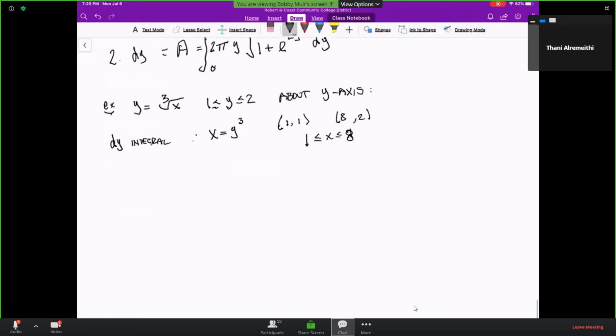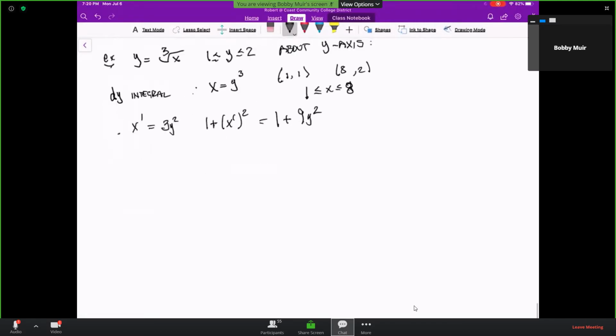Okay. All right, so our x prime is going to be 3y squared. And so I'm going to have 1 plus x prime squared, 1 plus 9y squared. Okay. All right, so our area now is going to be a dy integral.